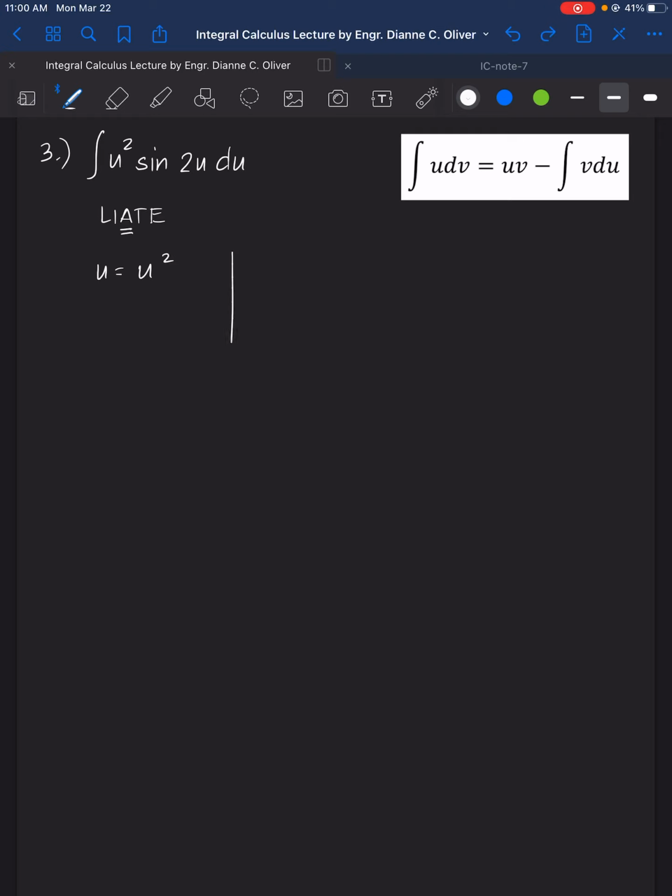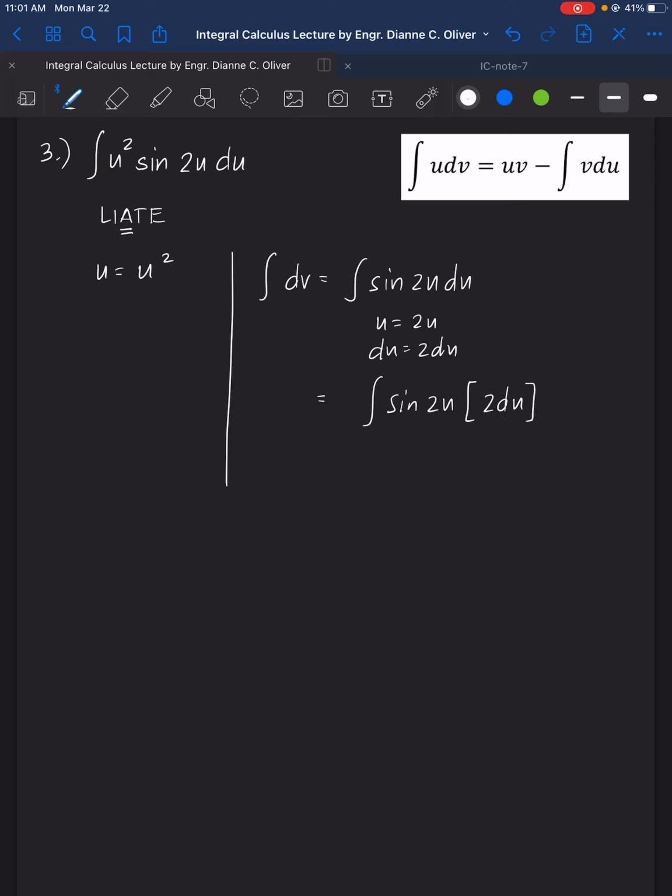Then the integral of dv is equal to the one left, the integral of sine 2u du, wherein u is equal to 2u, du is equal to 2 du. So it's kind of awkward, so let's put a prime so that you won't mistake it. So this is now equal to the integral of sine 2u, then we have 2 du here to balance it with 1/2.